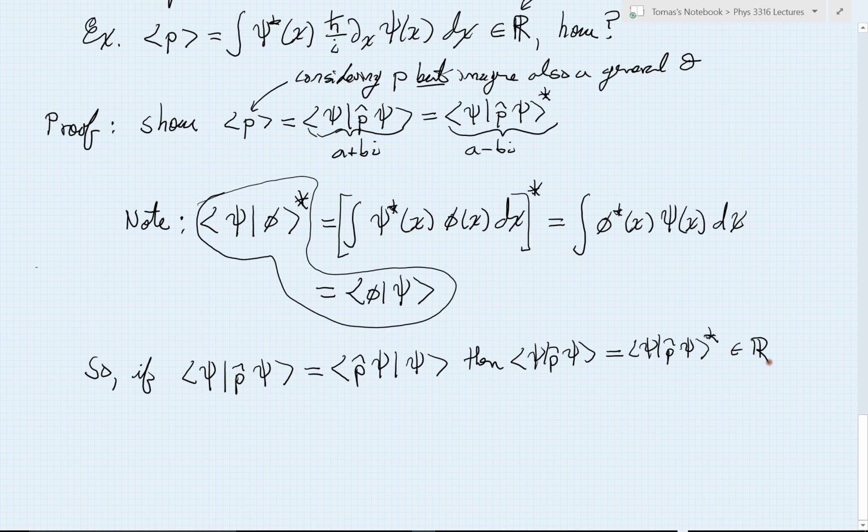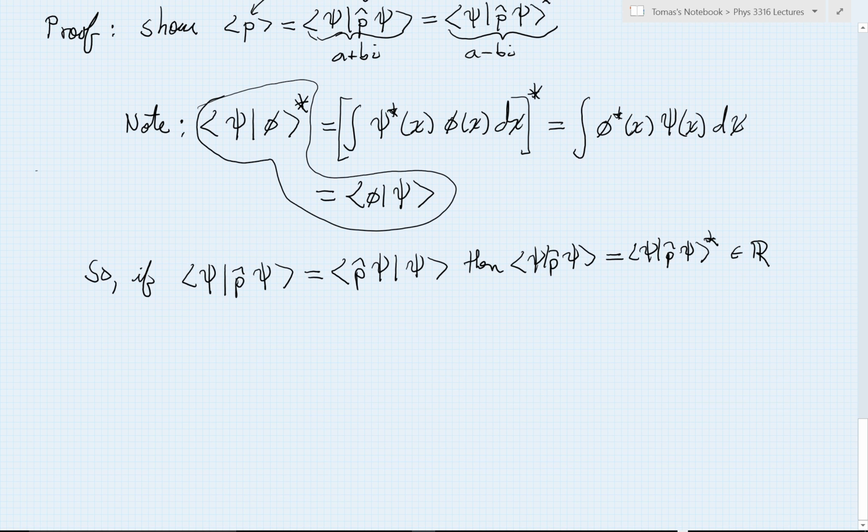So it all boils down to whether or not I can show this interesting feature, which is simply that am I always guaranteed that if I move my operator from one side of the bracket to the other, right? So instead of implying on this function, it implies on that function. If that move always gives me the same thing, then I can guarantee that my averages are always real.